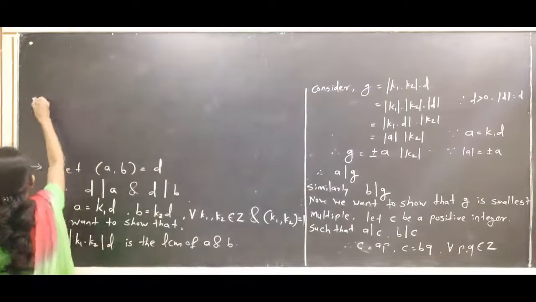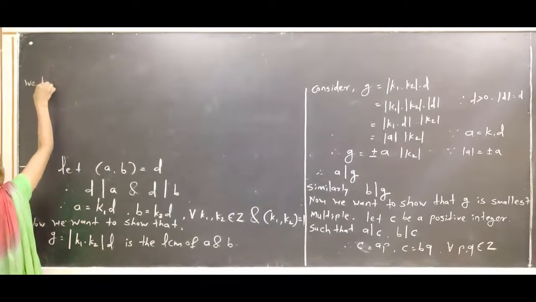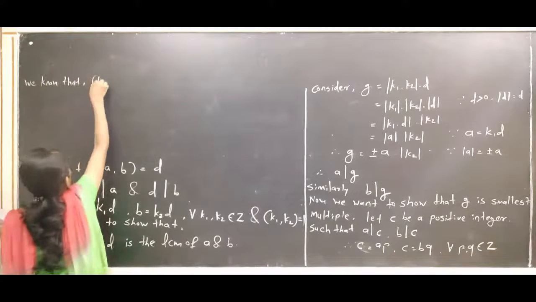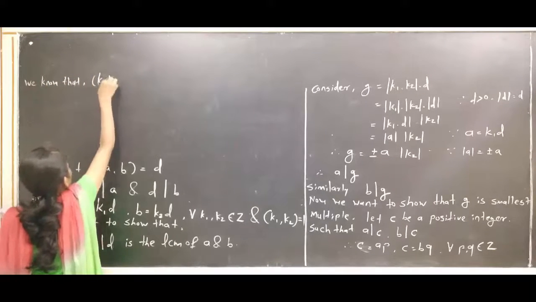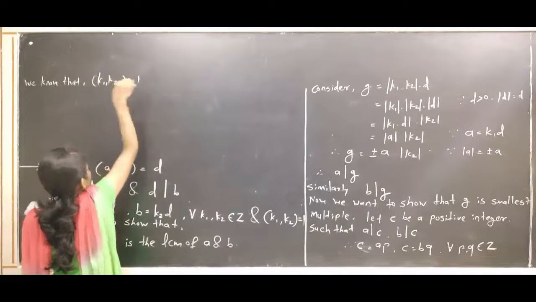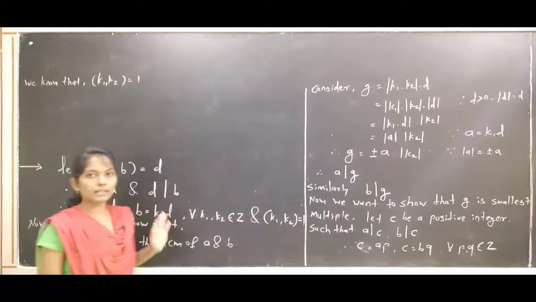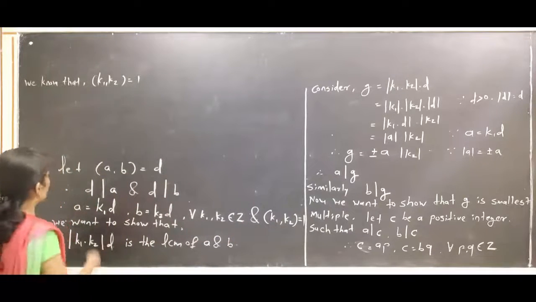Now here we know that GCD of K1 and K2 is equal to 1. We take GCD of K1 and K2 as 1, that is, K1 and K2 are relatively prime.